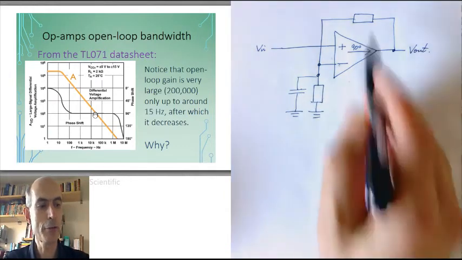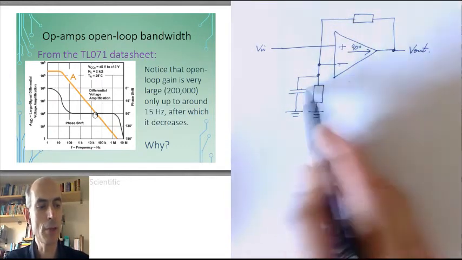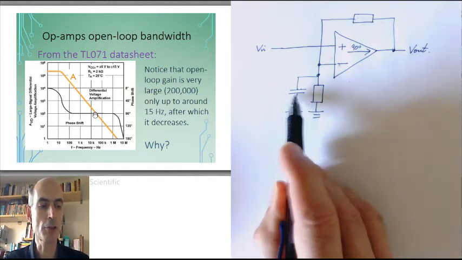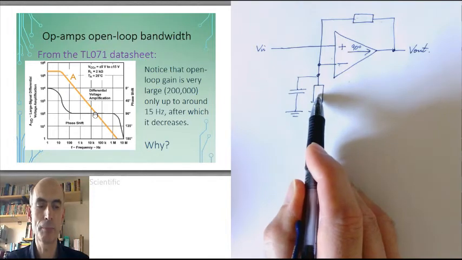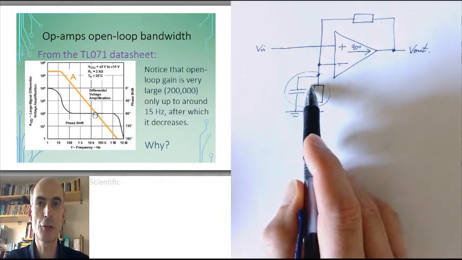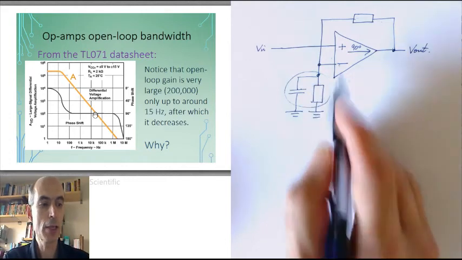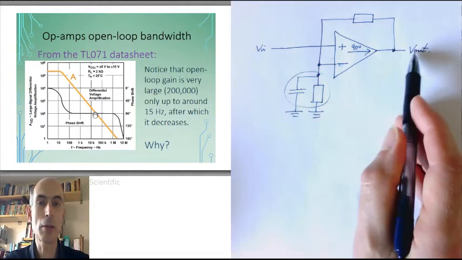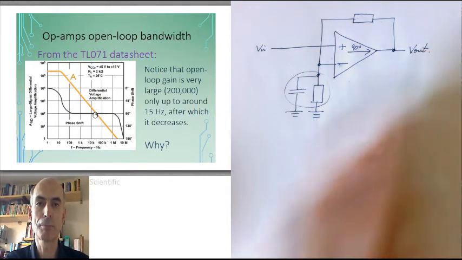This means that our feedback system is now from Vout down through a capacitor and a resistor in series. This is a reactive network now. This is going to introduce another phase change, so that the input on the inverting input there is no longer at the same phase as Vout.